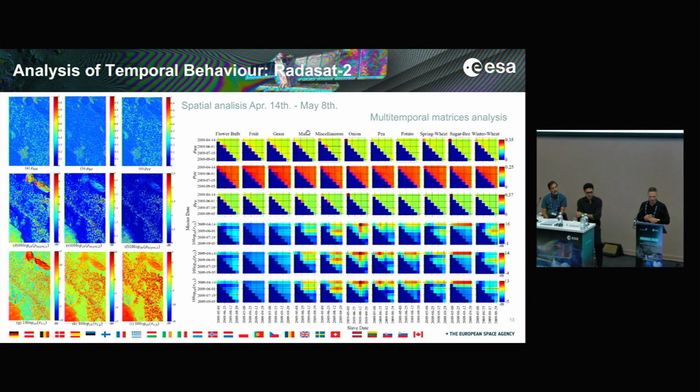Nevertheless, if we go to a low coherence scenario, in this case the Netherlands test site with RADARSAT-2, and you look at the coherences on the three rows on the top and at the ranges of coherence, you see that you cannot distinguish anything because the values are very low.